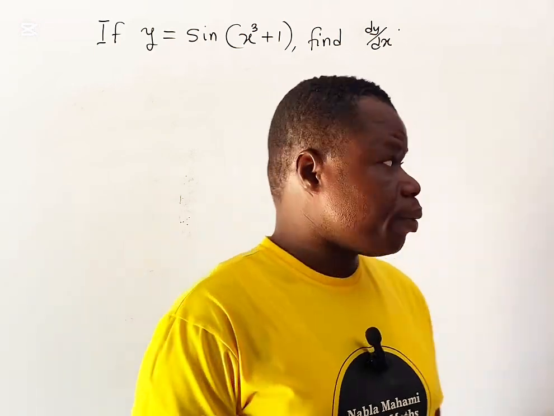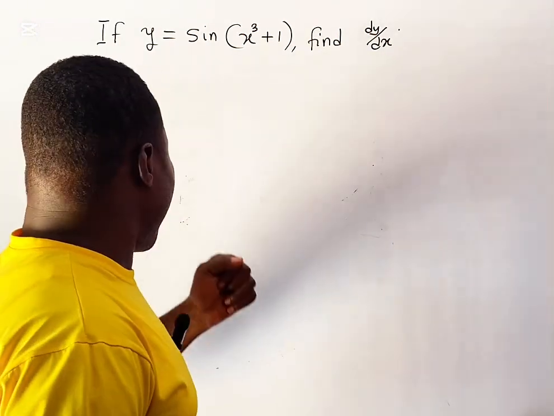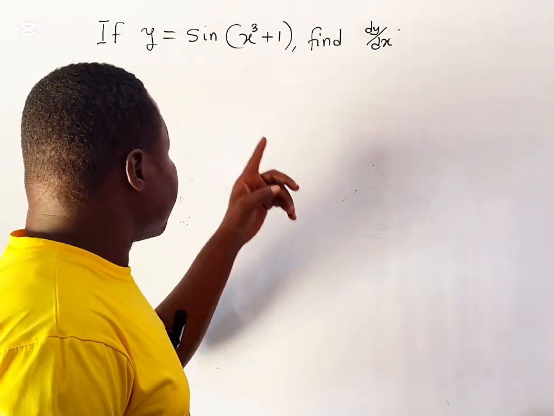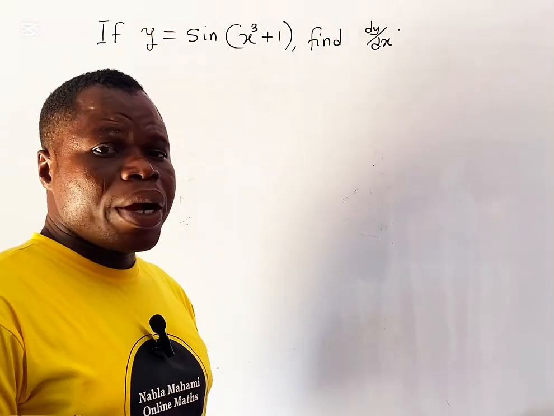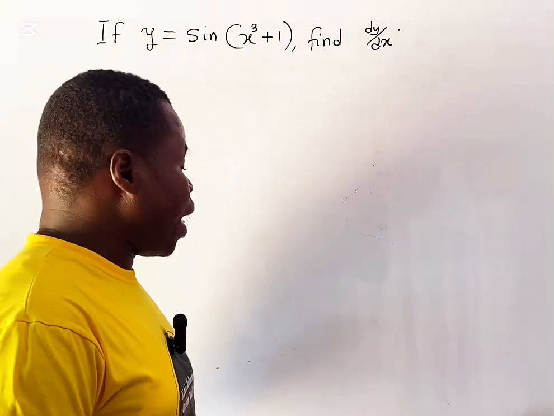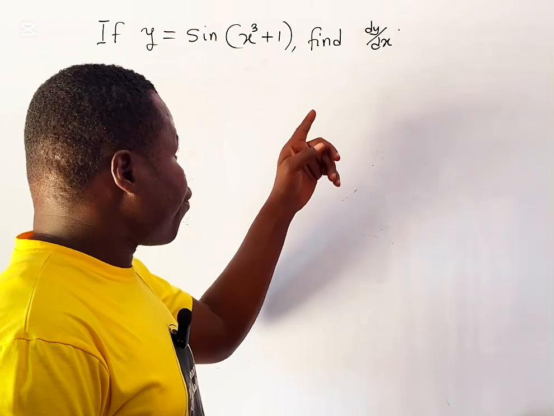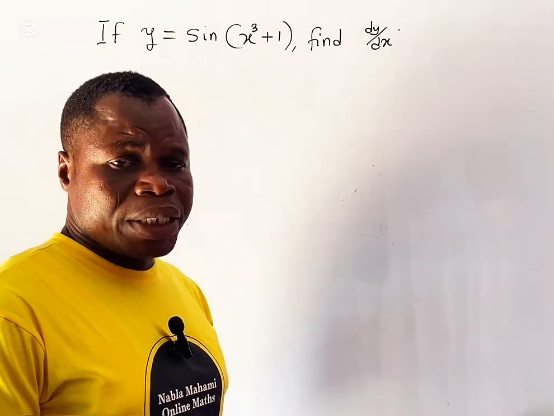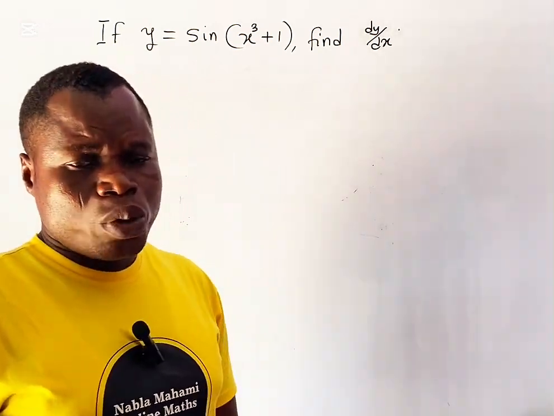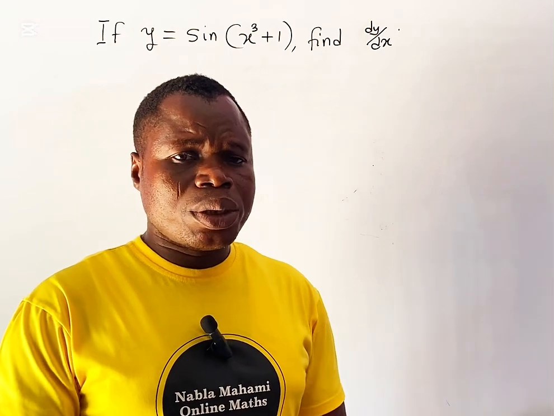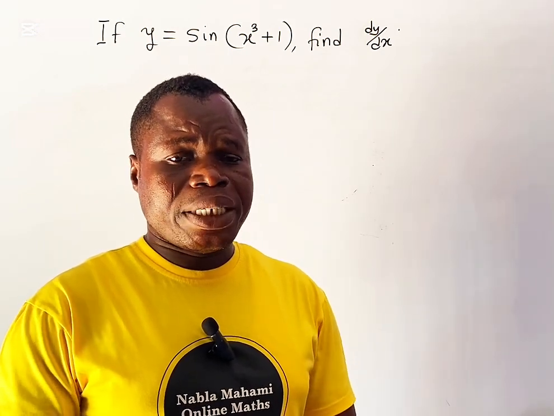The question is, if y is equal to sine of (x cube plus 1), find dy dx. To solve this question, I'm going to use two different methods.